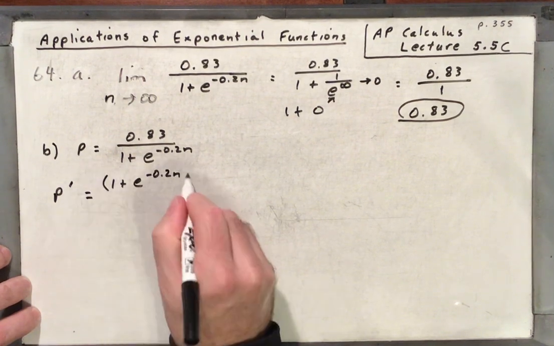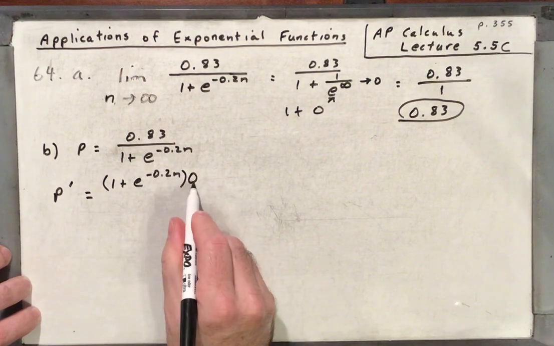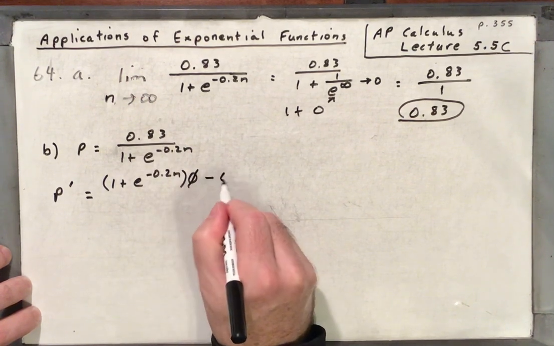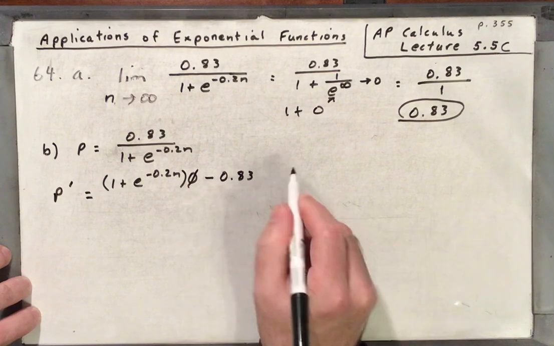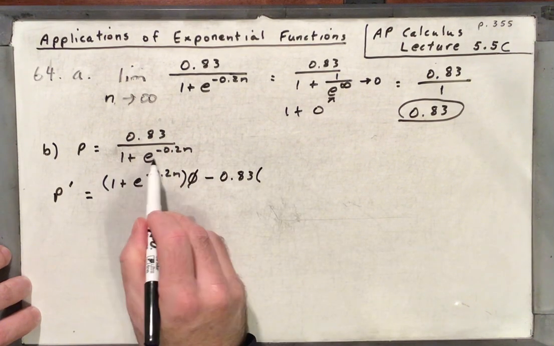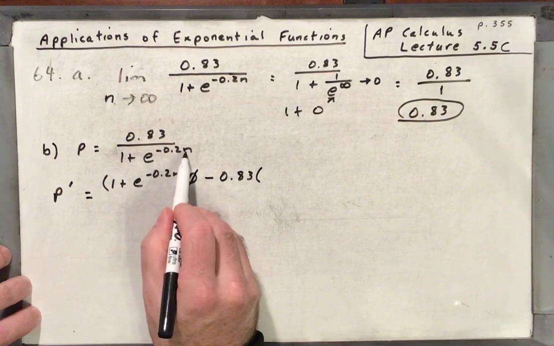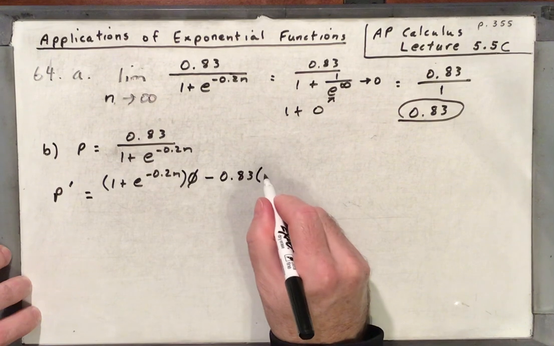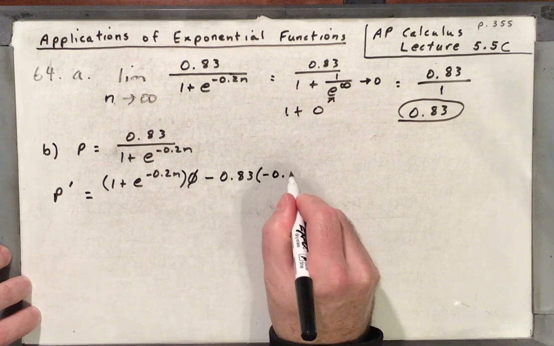Well, the top is just a constant, so the derivative of the top would just be 0. Minus the top, 0.83, times the derivative of the bottom. The derivative of 1 is 0, so it'd be e to the minus 0.2n times the derivative of negative 0.2n, which is negative 0.2.